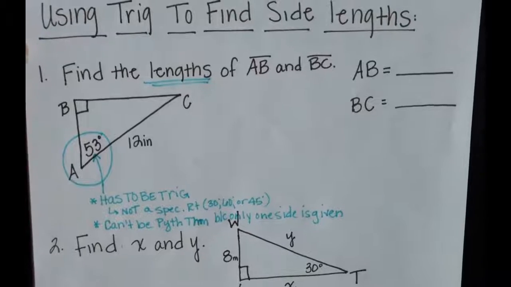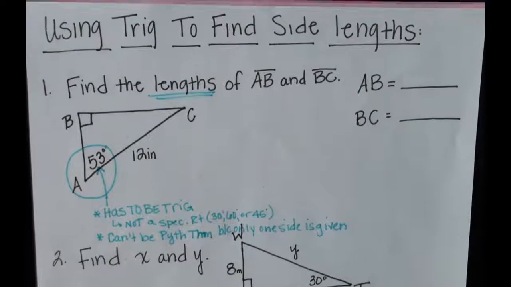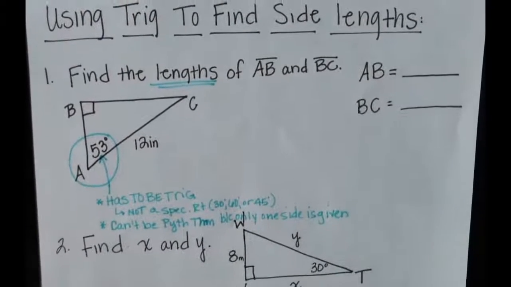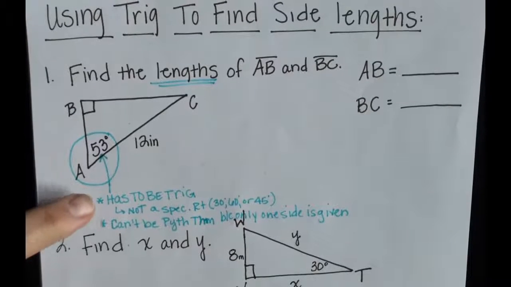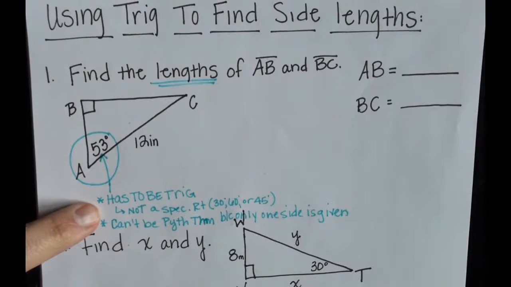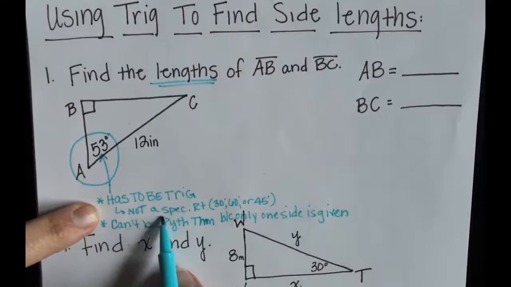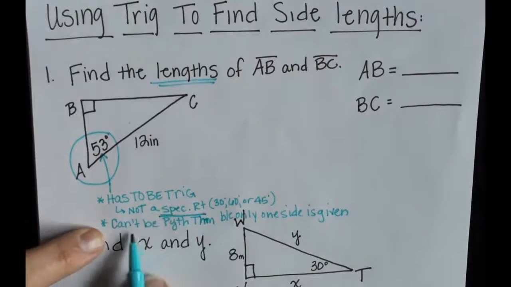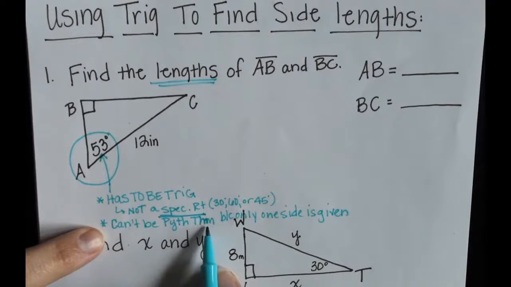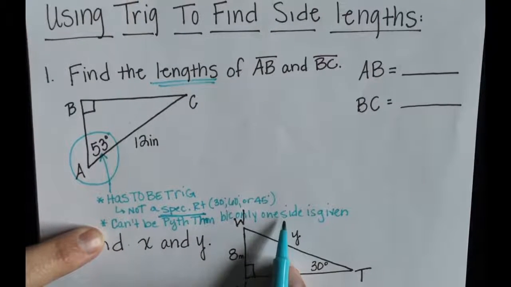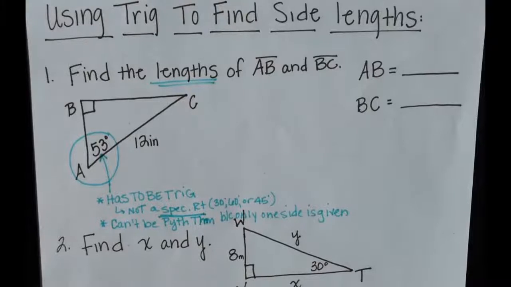So again, we need to recognize what are we actually looking for and then how do we use it. So it has to be trig because it's not going to be a 30, a 60, or a 45-degree angle to put it in one of those special right situations. And we know we can't use the Pythagorean theorem because only one side is given. If two sides would have been given, then we could have chosen that.